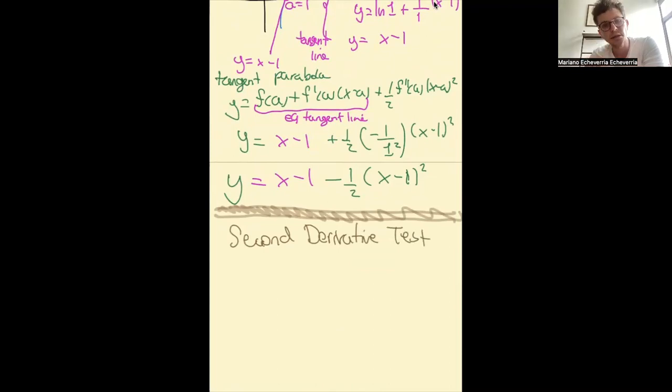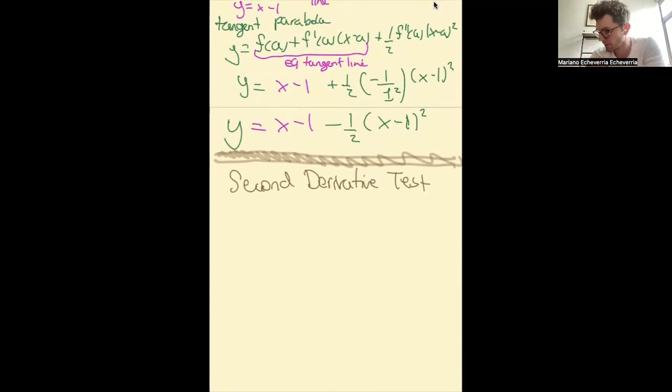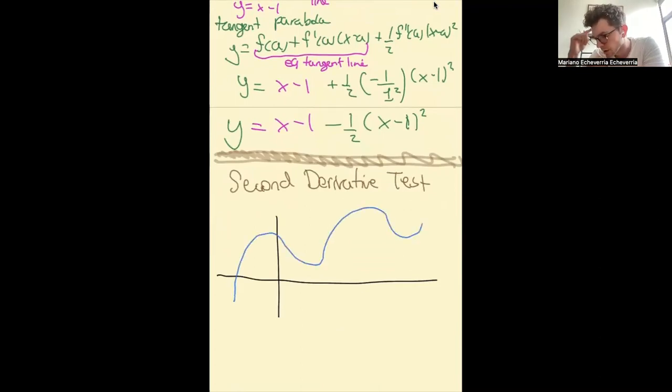Well, the idea is that, imagine you had, again, the graph of the function. We suspect that there's a minimum somewhere in here.